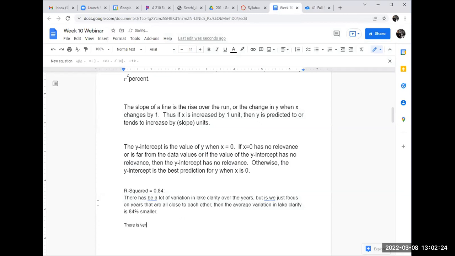There is very strong statistically significant evidence to conclude that there is a correlation between year and lake clarity. Let me make that bigger for you.